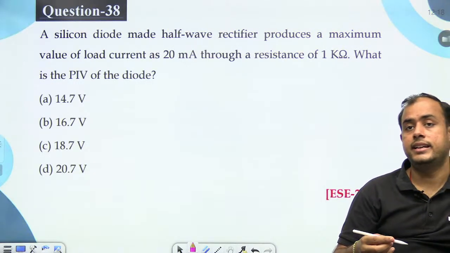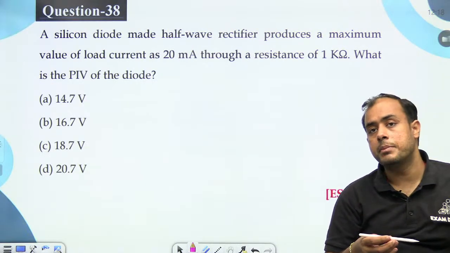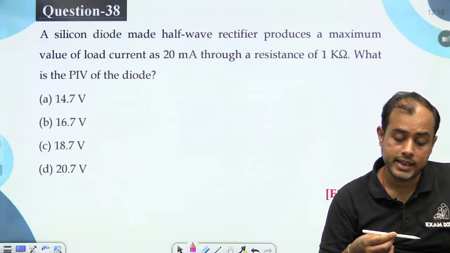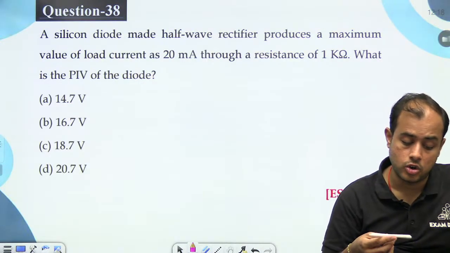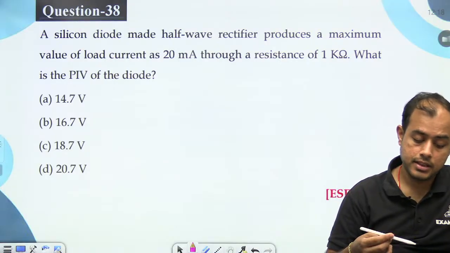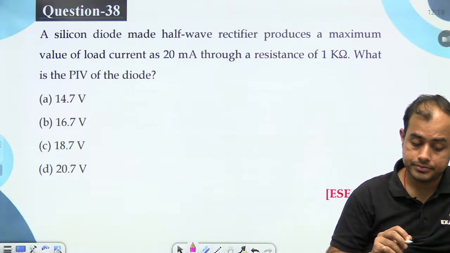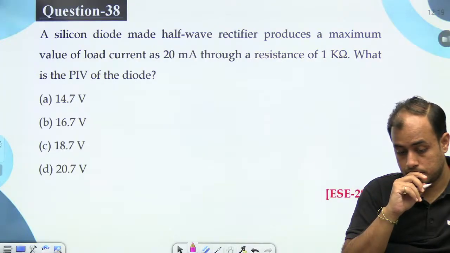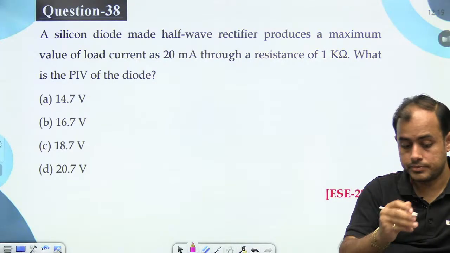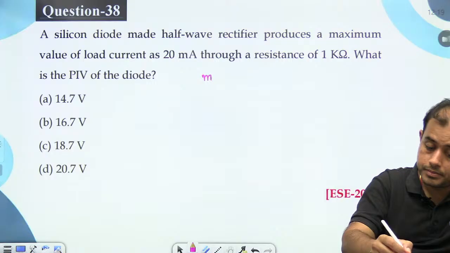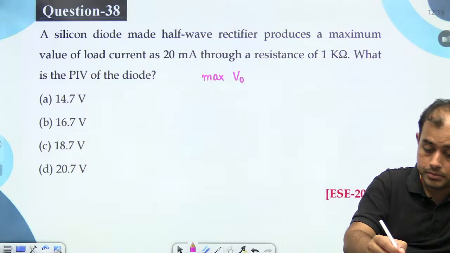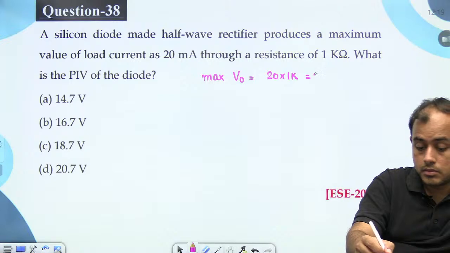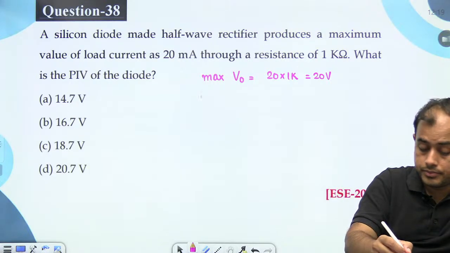ESE 23. A silicon diode made half wave rectifier has a maximum current 20 milliampere, resistance 1 kilo ohm. PIV will be 20 volt.